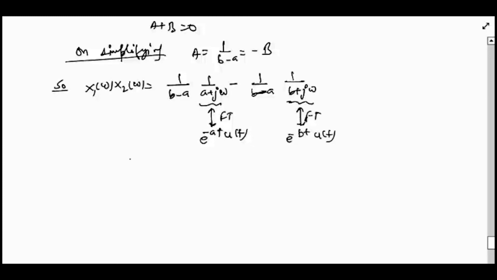This says that the inverse Fourier transform of X1(omega) X2(omega) is 1 over (b minus a) times (e^(-at) minus e^(-bt)) u(t), right? And from the above property, this is equal to the convolution of x1 and x2. So we see how the convolution property allows us to compute the convolution of two functions.